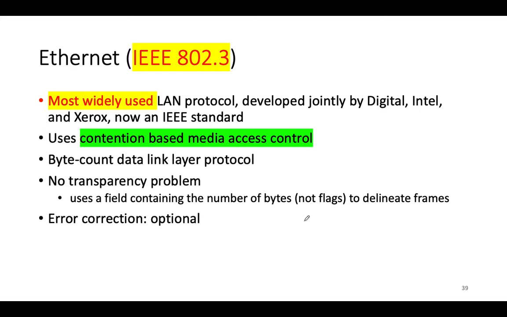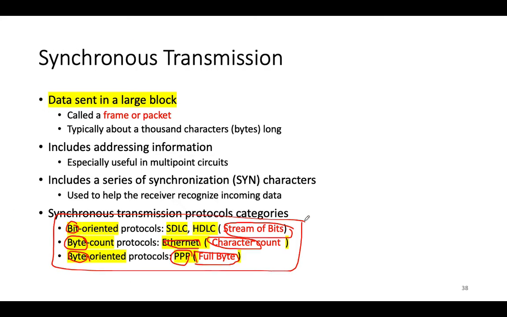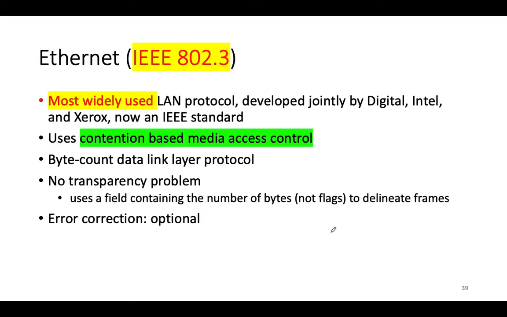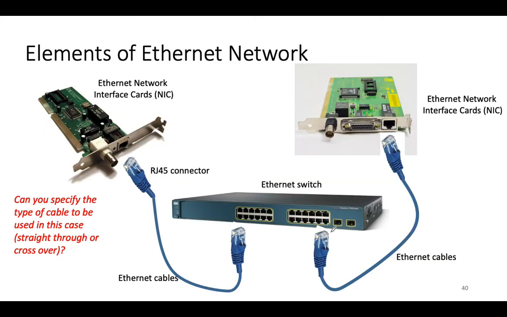That's byte count, remember that, based on character count, and that's why we put Ethernet here. Error detection or error correction, that's optional. You can put that as optional.